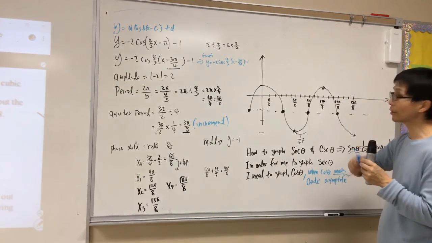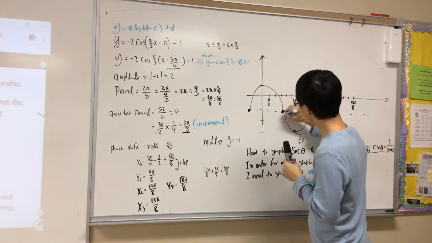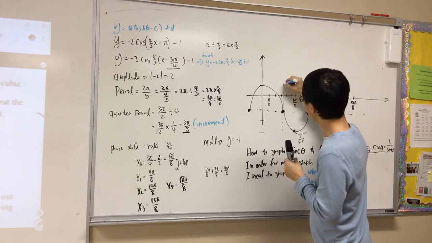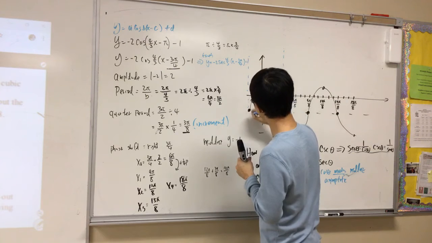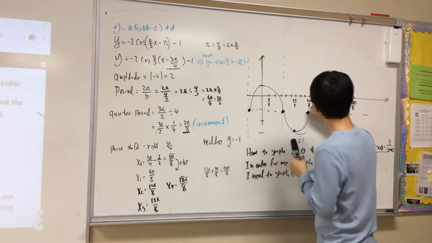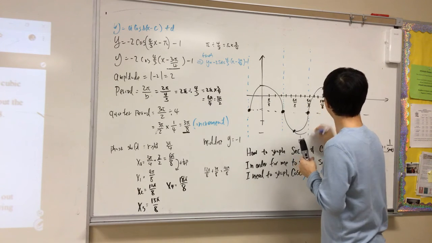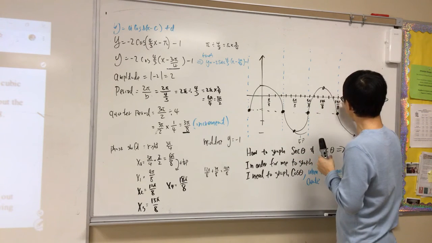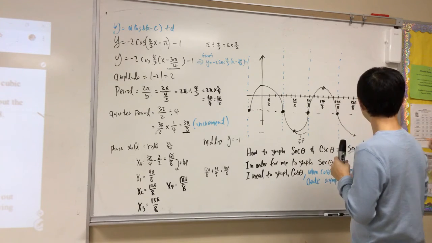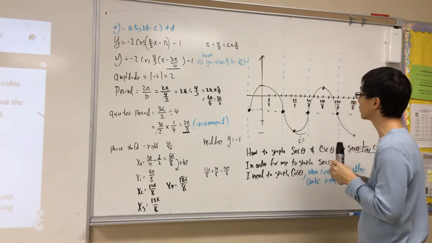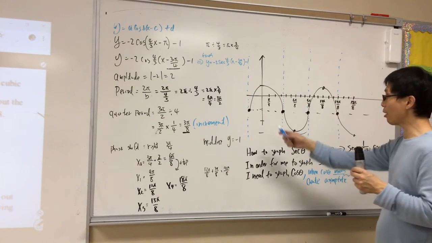A vertical asymptote is going to look like this, and then you just have to draw a dotted line there. Does it touch that point or no? It touches, it's fine.